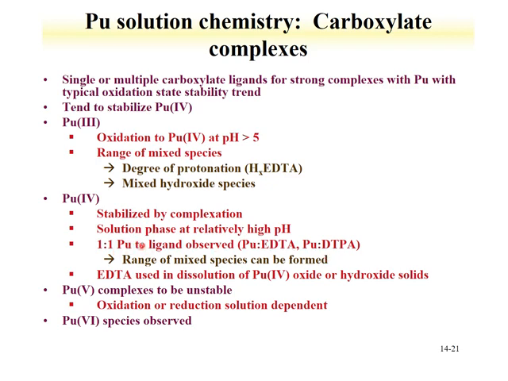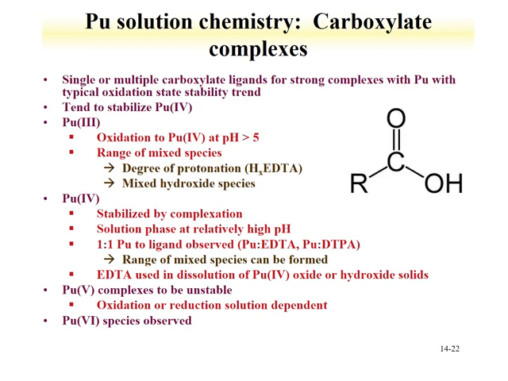There's a range of mixed species that can be observed, for instance, plutonium with a hydroxide and a DTPA. And these ligands, EDTA, DTPA, citric acid, other carboxylic based organic acids, can be used for the dissolution of plutonium oxides or hydroxides. Plutonium-5 compounds with carboxylic based ligands tend to be unstable, and they'll undergo oxidation or reduction depending upon the solution conditions, and the plutonium-6 species have been observed.